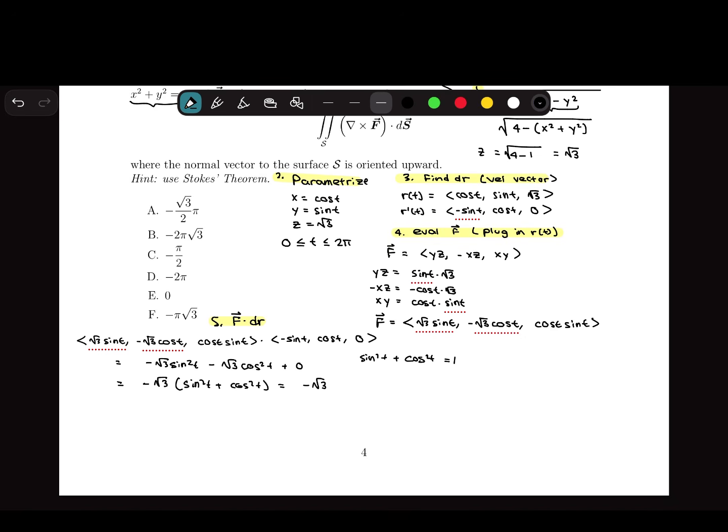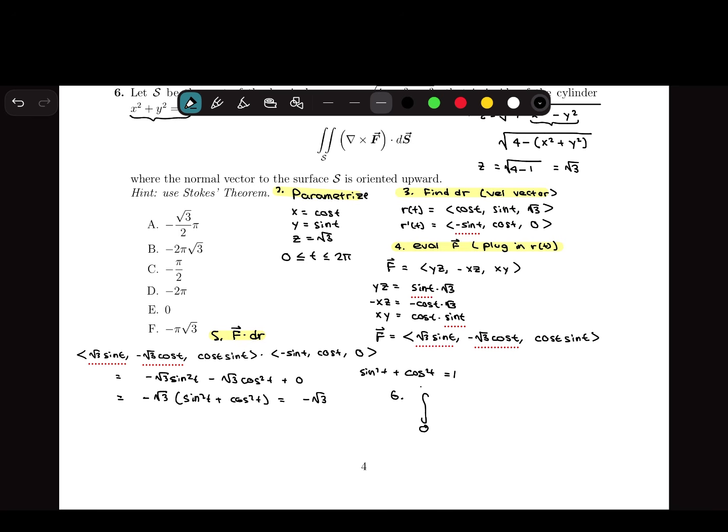Okay, last step, step 6. Step 6 is just a single integration. We're going to integrate across the circle from 0 to 2 pi of negative square root of 3 dt.